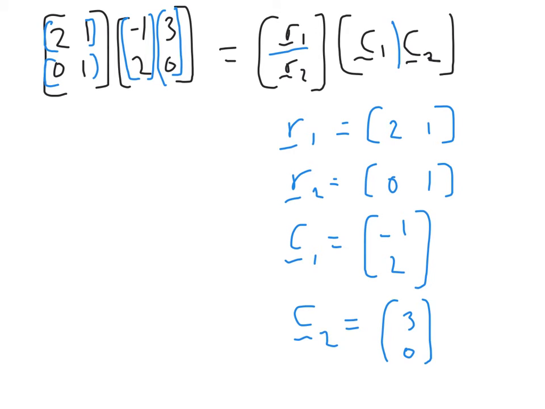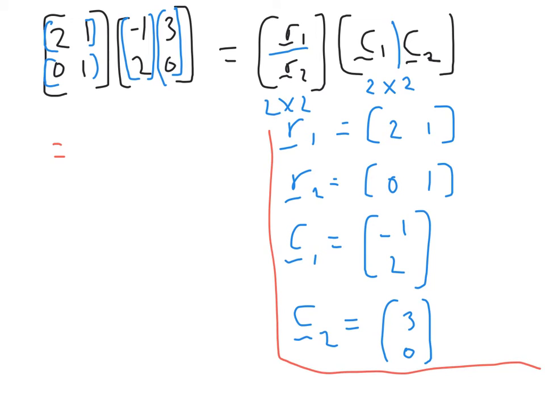Okay, so noticing that we've still got a 2 by 2 matrix and another 2 by 2 matrix, if we were to do this matrix multiplication with our partitioned matrices, we still get the same result as before. Our resulting matrix is going to be 2 by 2.